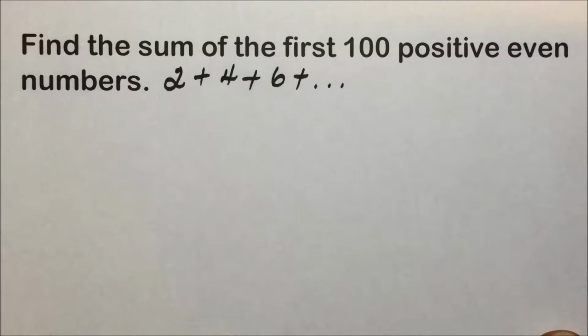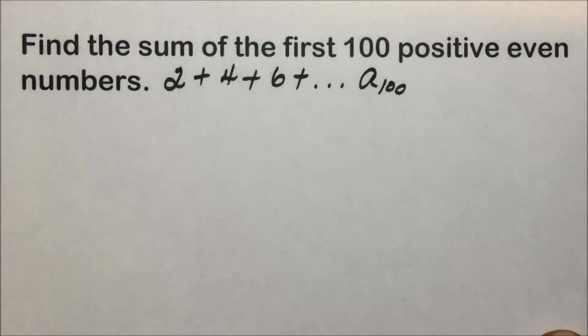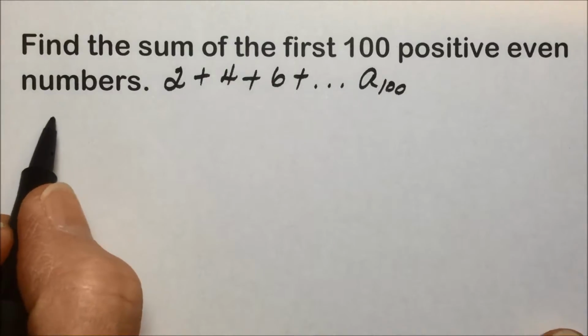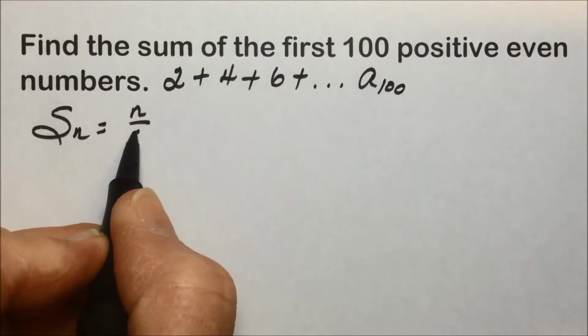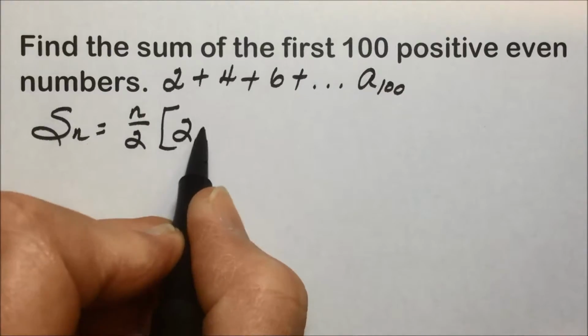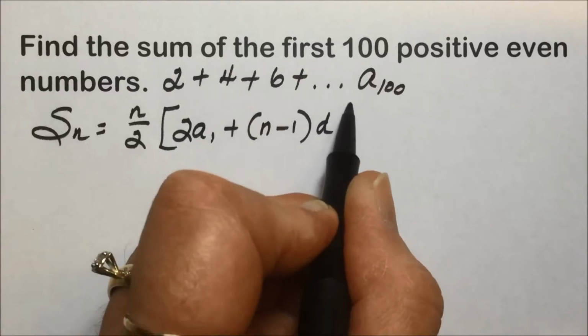We could determine what that 100th term is by using the nth term formula, or we can use the series formula that we just used in the previous problem: S sub n is equal to n over 2 times twice the first term plus n minus 1 times the common difference.